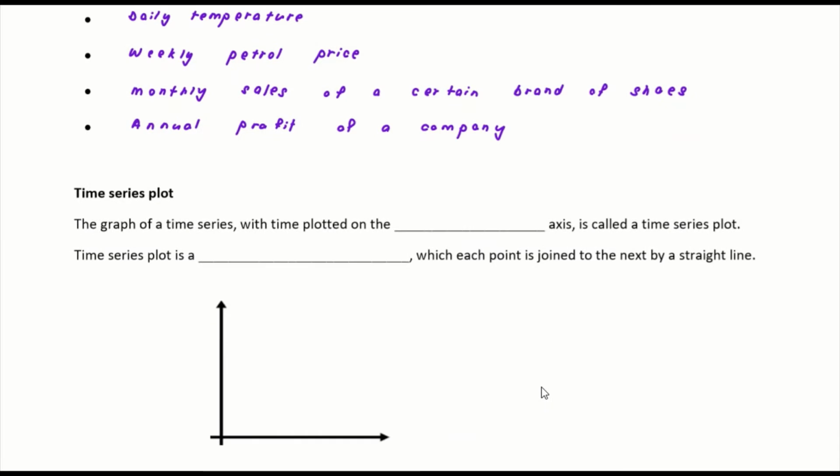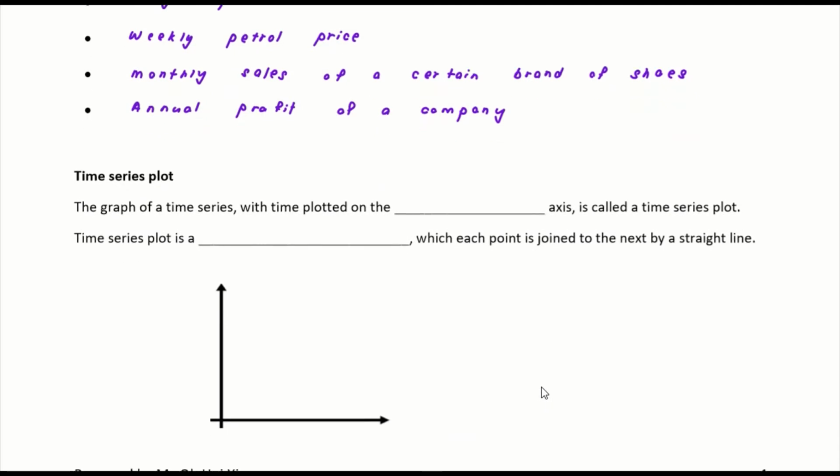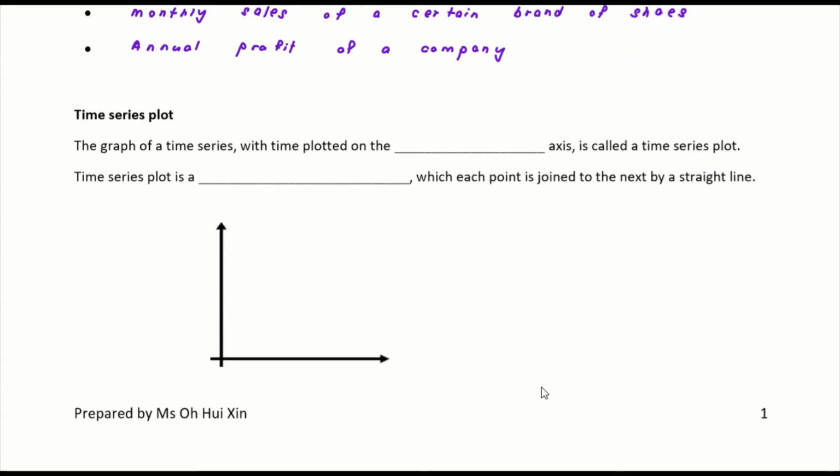It's actually quite straightforward. For time series data, we use a plot named the time series plot to display our data graphically. In the graph of a time series, time is the explanatory variable, so the explanatory variable will always be plotted on the horizontal axis.